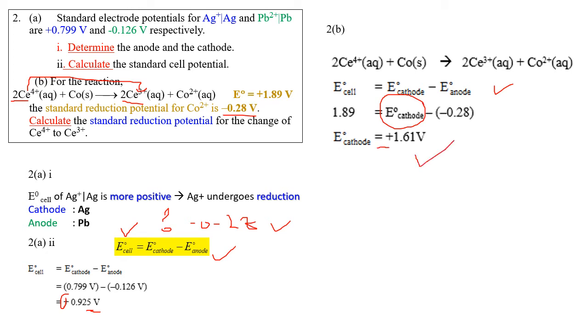Positive 1.61 volt for the E° cathode, meaning the Ce4+/Ce3+. This is the E° for Ce4+/Ce2+ equal to this value.